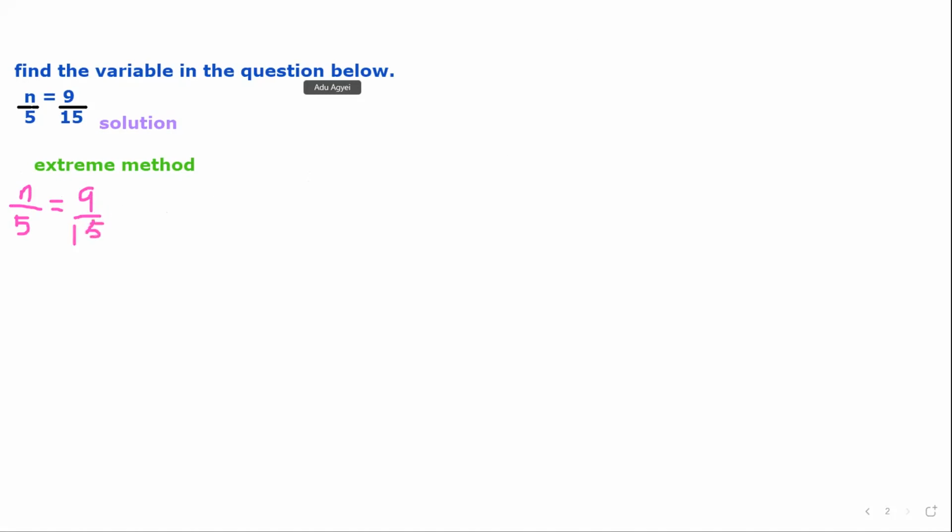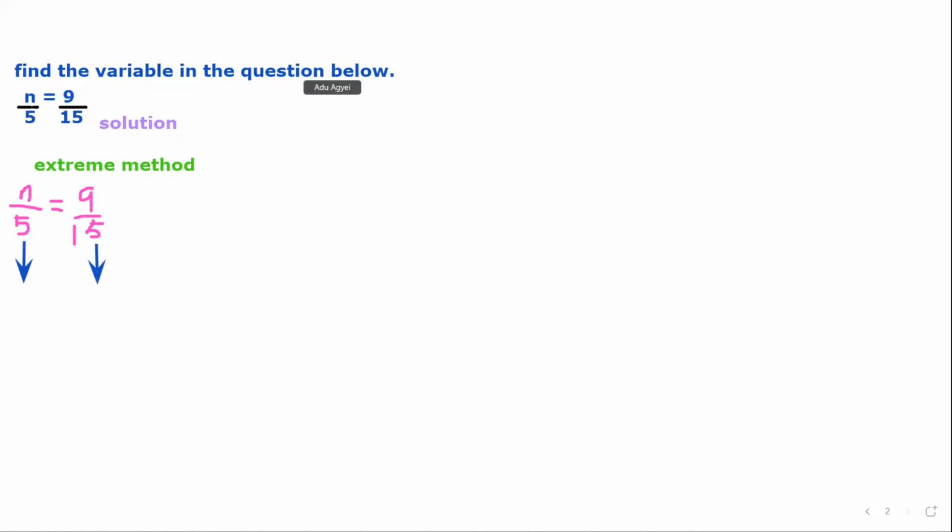Then you change these to ratio, okay? You change this fraction to ratio before you can use the extreme method, okay?